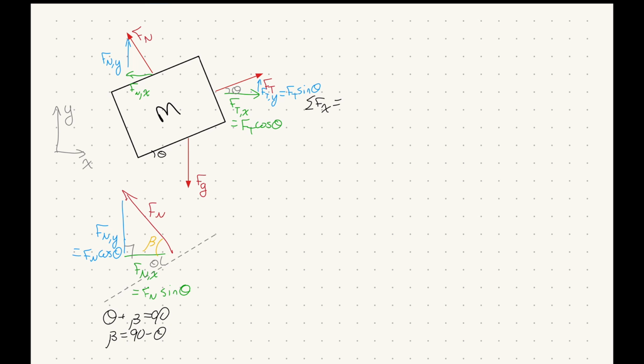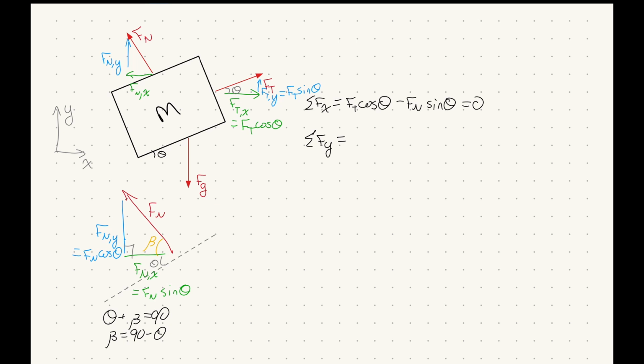Now we're ready to finish writing out our equilibrium equations. We'll see that sum of force in the x direction, our tension force in the x direction is fully in the positive, so we'll write that with the positive sign, cosine of theta. However, our normal force in the x direction is purely in the negative, so we'll say minus normal force sine of theta is equal to 0. Similar process for our equilibrium equation in the y direction.